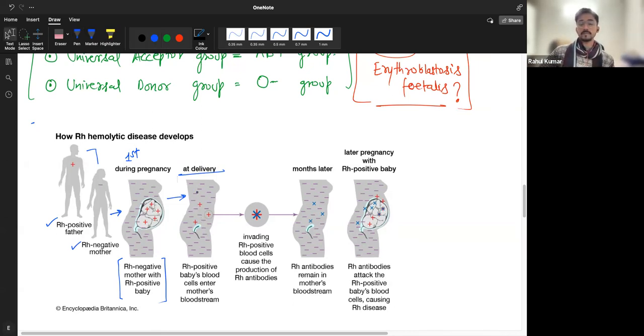So some of the fetus's blood can get mixed into the mother's body. Now, the Rh positive baby's blood cells enter the mother's blood. What will happen if Rh positive blood cells enter Rh negative blood?